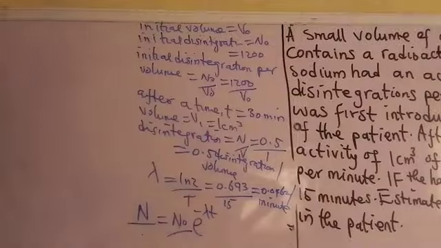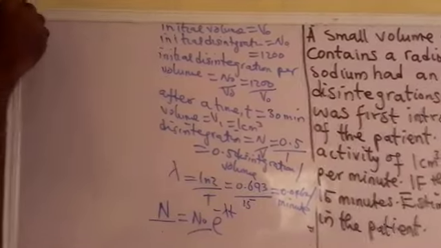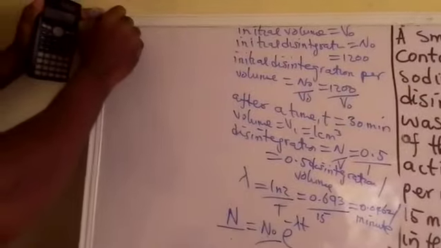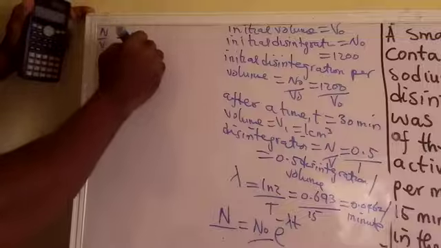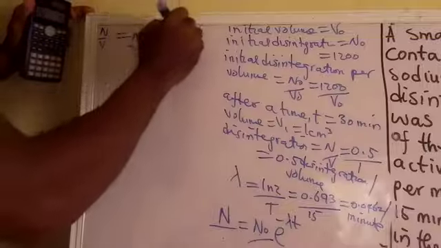Now, imagine the volumes were not here. You can erase this, and I'm sure you are aware of this expression. So all we needed to do is, since they were disintegrating per volume, we divide each disintegration by its volume. Of course, N over V, as written there, is N naught over V naught exponential minus lambda t.